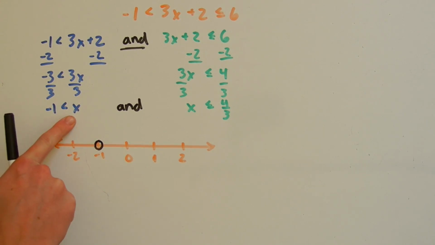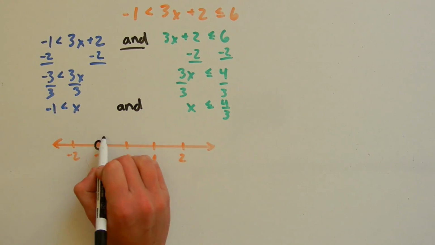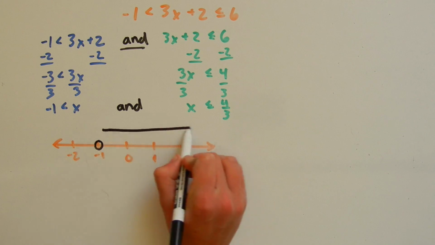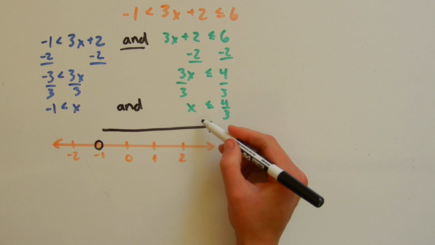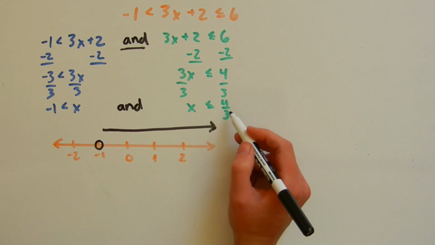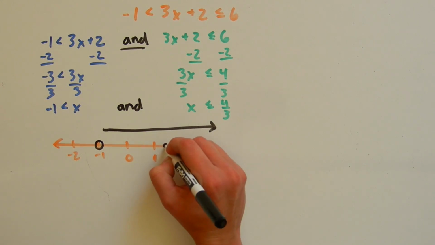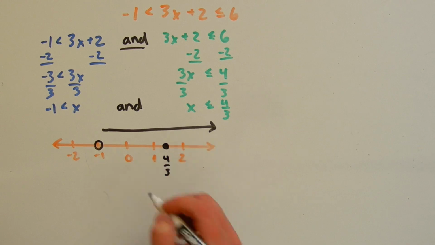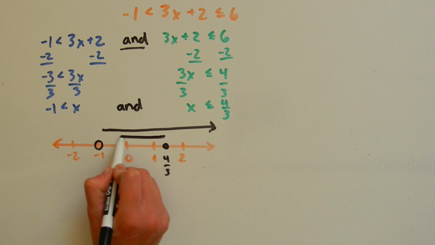So x is going to be everything to the right of that negative 1. So I'm going to draw up here to start and show you that it's everything to the right. However, here we said that x is everything less than or equal to 4/3. And it's less than or equal to, so we can shade that 1 1/3 in. And it's everything to the left.